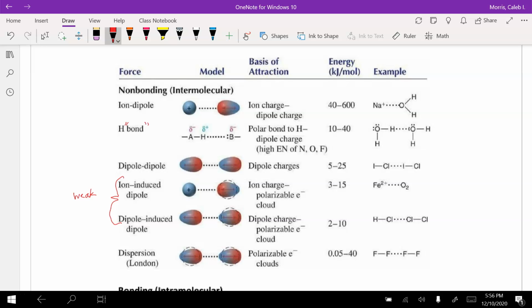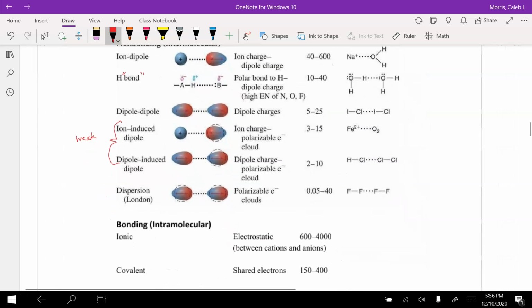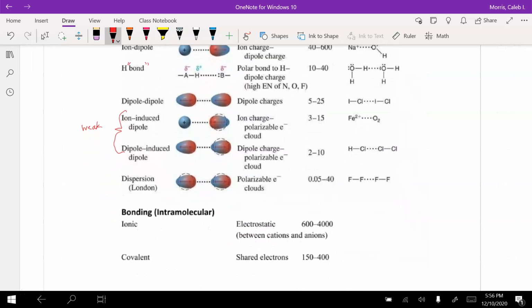Dispersion forces tend to be somewhat weak. These are LDF, so dispersion forces, that's LDF. But remember, if it's really big, it actually can be a very strong force.